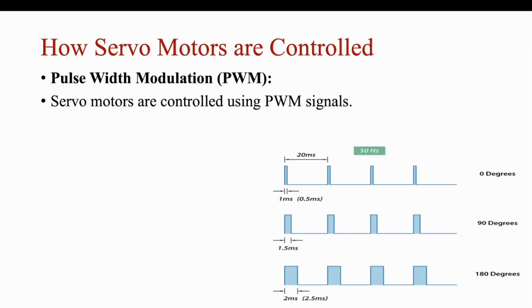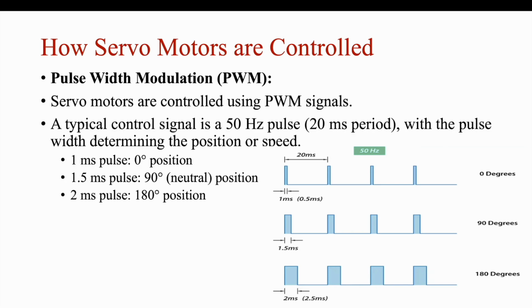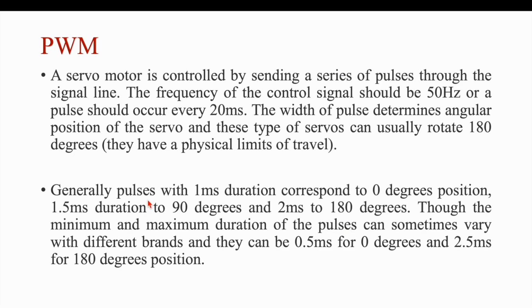So how are servo motors controlled? You can use pulse width modulation. Servo motors are controlled using pulse width signals. A typical control signal is a 50 Hz pulse, a 20 millisecond period, with the pulse width determining the position or the speed. A 1 millisecond pulse gives a 0 degree position, a 1.5 millisecond pulse gives 90 degrees, and a 2 millisecond pulse gives 180 degrees.